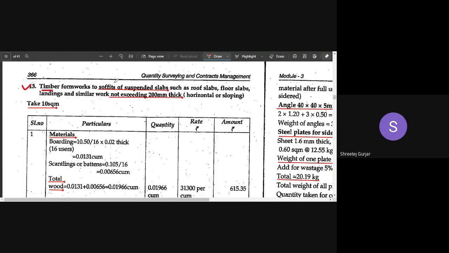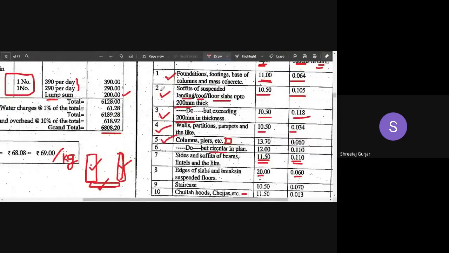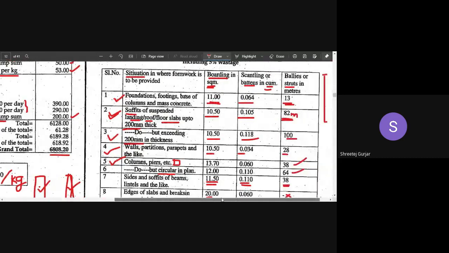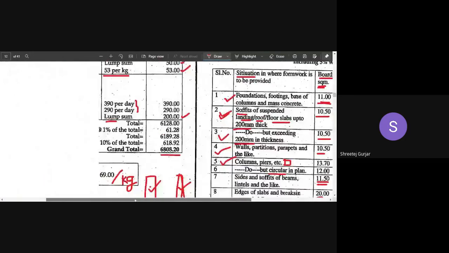Not exceeding 200 mm thick, so we apply the second case. You have to remember these numbers: 10.5, 0.105 and 82 meters.